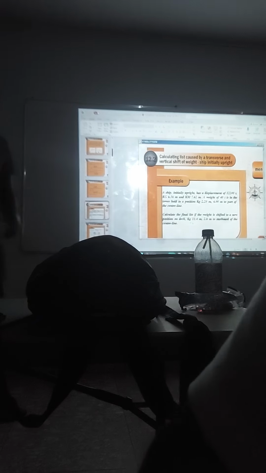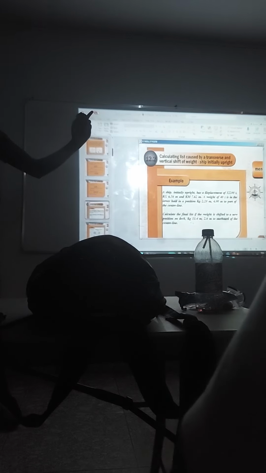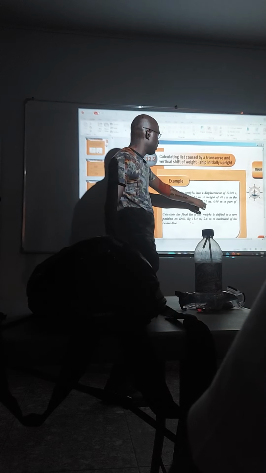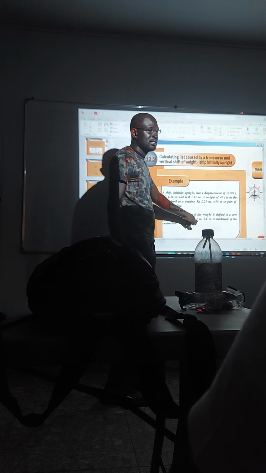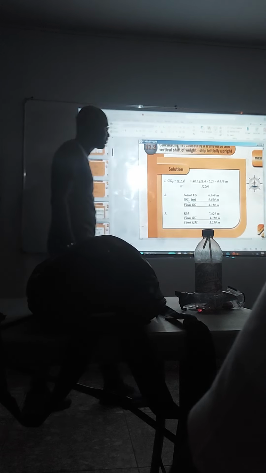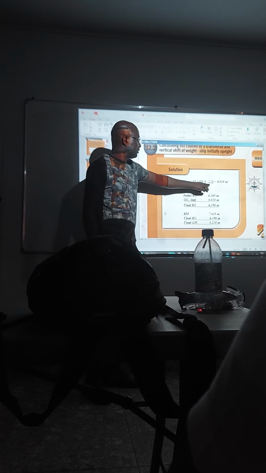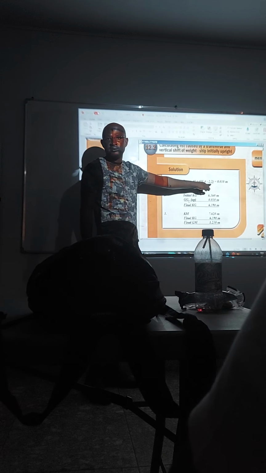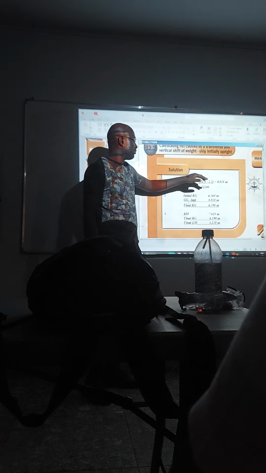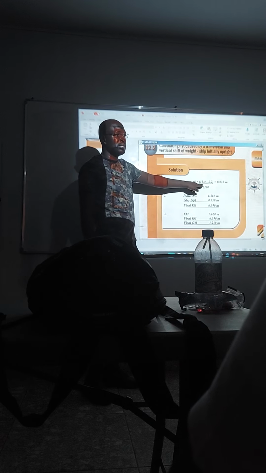So the first thing that we need to do is to calculate the difference in shift. The difference in shift is this one here and this one here. Go back to the solution. It was initially at this, and then we move it to this one.